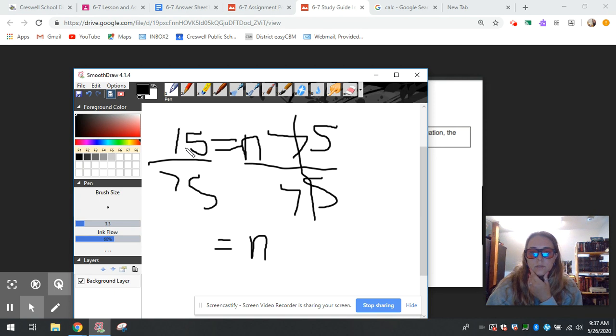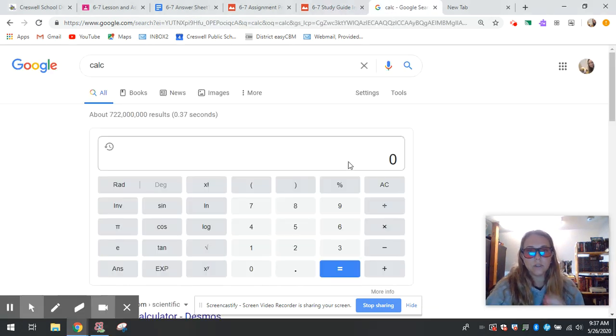And we simplify what's 15 divided by 75. We can go to our calculator. 15 divided by 75. Oops, that's the wrong number. 15 divided by 75. Okay, 0.2.